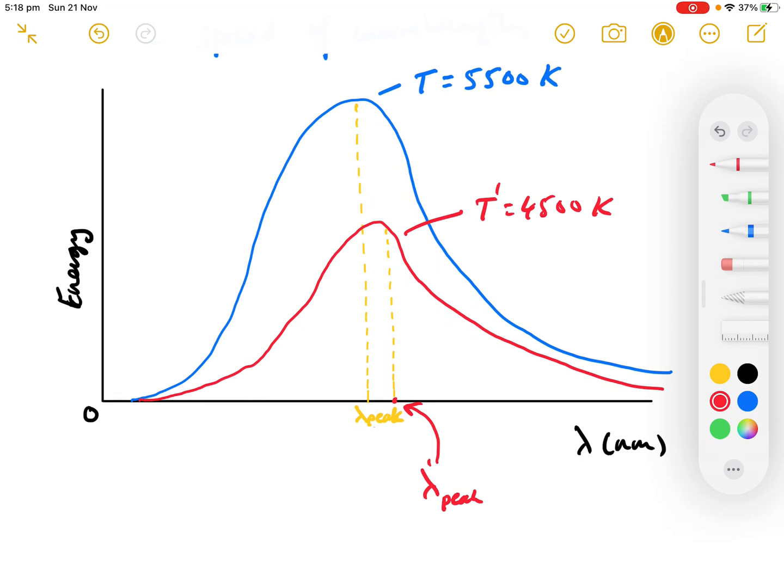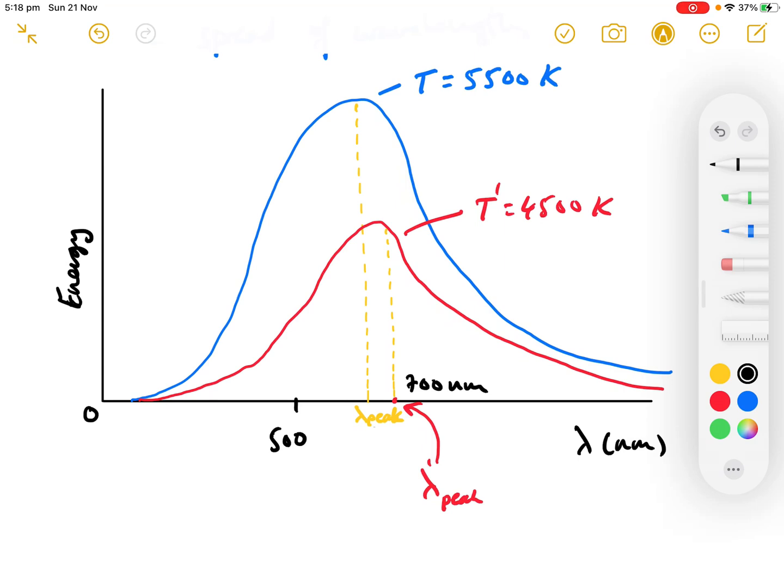Okay, now we're talking probably at about sort of 500 nanometers there. This is only approximate, of course, and you're probably getting to about maybe sort of 700 nanometers in here. Okay, these are very, very rough approximations.